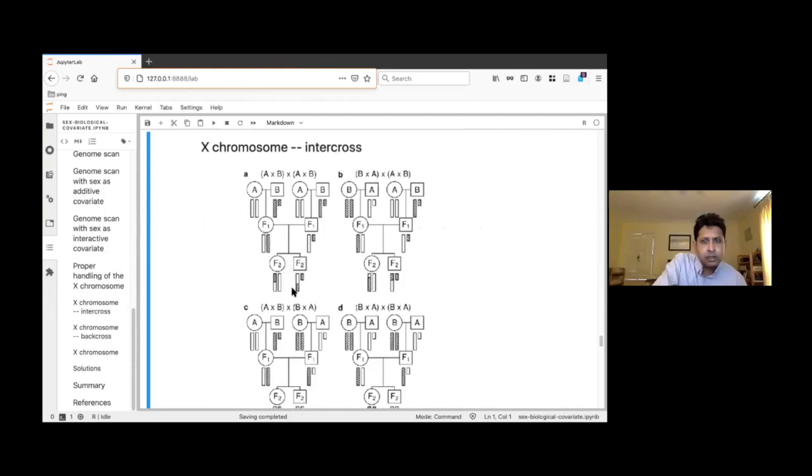If we are making recombinant inbred lines by repeatedly mating these individuals, then actually I haven't thought through what would happen with the males would always be from the B, right here, and the females would have a slightly lower recombination density ultimately compared to the autosomes.